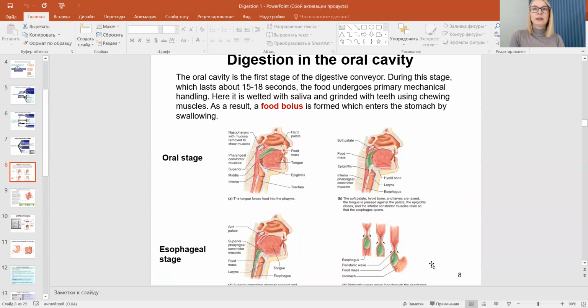Next, food is prevented from entering the trachea primarily by elevation of the larynx and tight closure of the vocal folds across the laryngeal opening, or glottis. The first part of the trachea is the larynx or voice box, across which the vocal folds are stretched. During swallowing, the vocal folds serve a purpose unrelated to speech. Contraction of laryngeal muscles holds the vocal folds tightly against each other, thus sealing the glottis entrance.